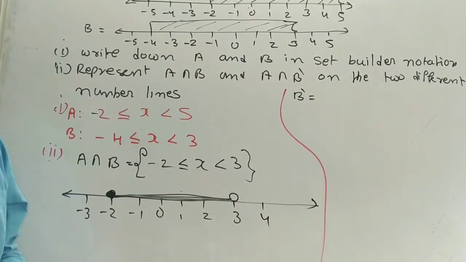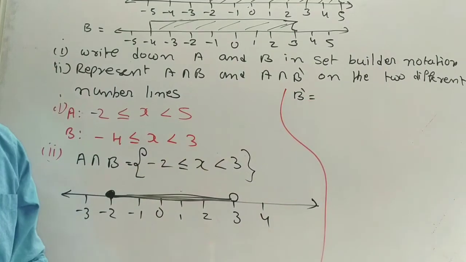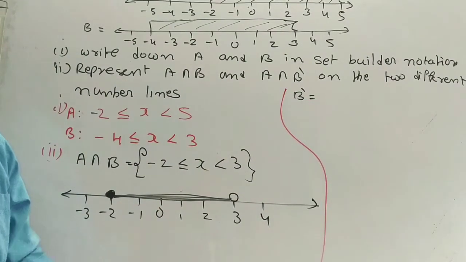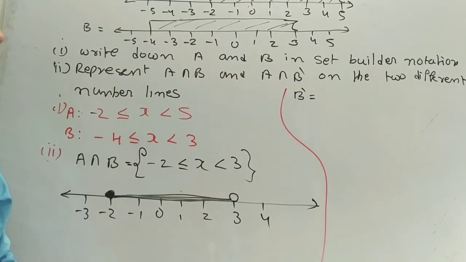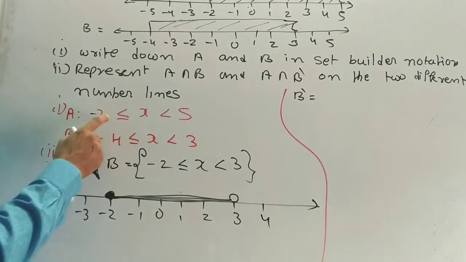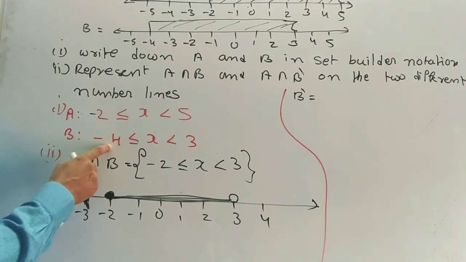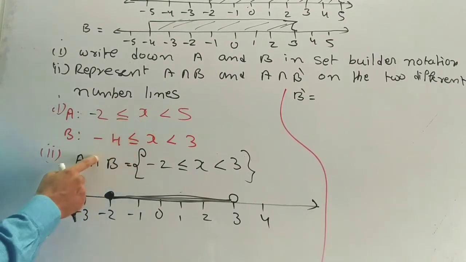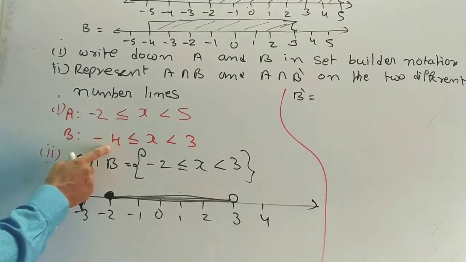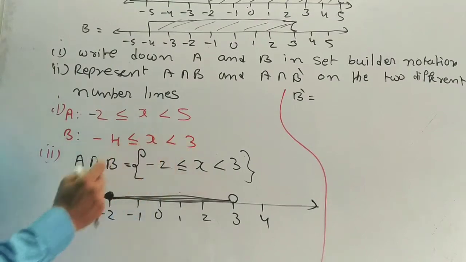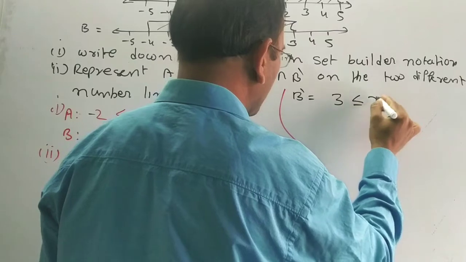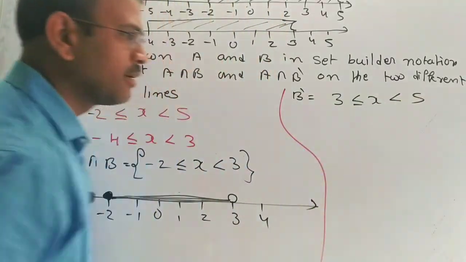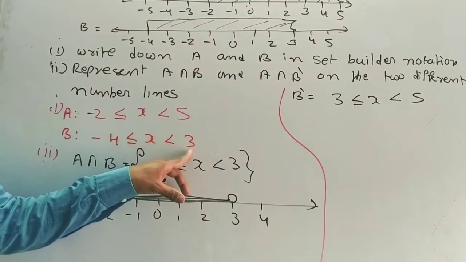So whenever you are finding B dash, except B, the remaining values you are going to write, from A. So here minus is there. This is the bigger, so on the negative side it is not possible. Now the only option is to take the positive side. So B dash will be 3 less than or equal to x less than 5. Here it is till the 3 is there.